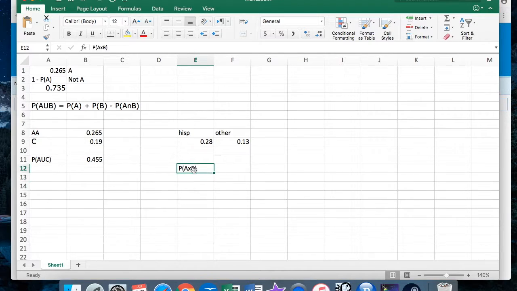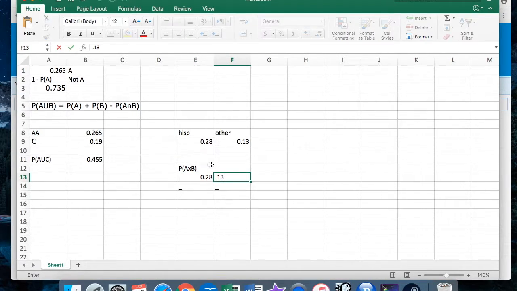So simply, if we want to find, hey, we're going to pick two different people, one has to be Hispanic, one has to be other, you can think of it like this. I want this event and I want this event to happen. Well, one of them is 28%, so 0.28, and the other one is 0.13. So when you're doing an intersection, you're doing multiplication.